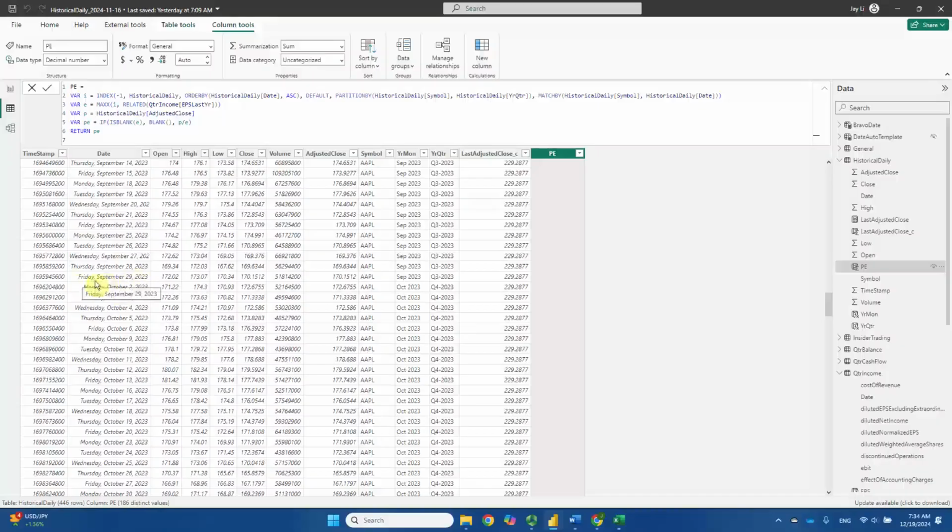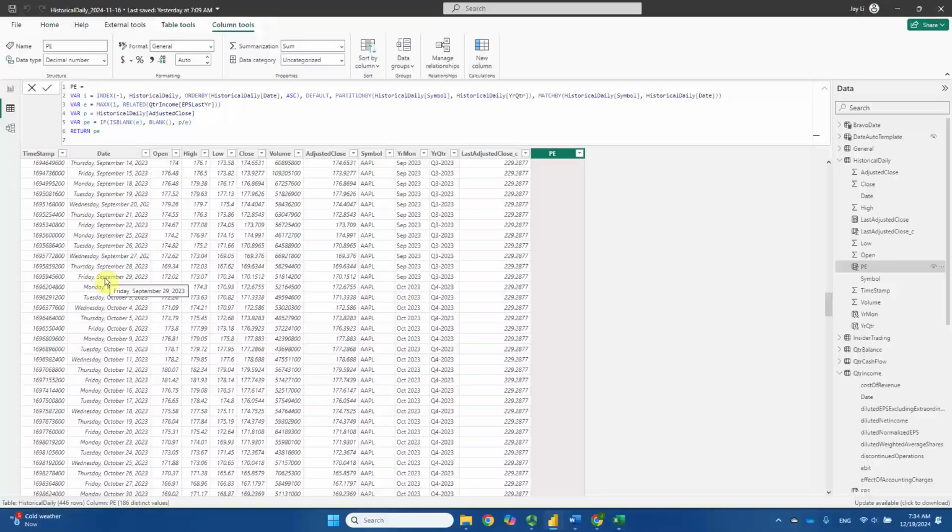So there's actually one day off here. When we use this date, September 29, to retrieve EPS last year from the quarterly income data, there's going to be a problem. Because if you go to the quarterly income data, you will find all the dates there are actually the last calendar day in a quarter. So we will not have September 29, 2023 in that quarterly income data. There's only September 30th, 2023.